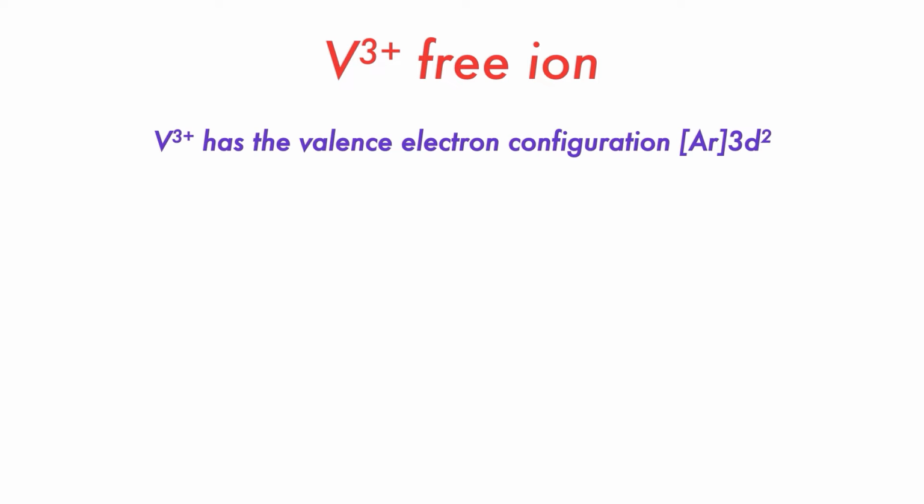After that slight sidetrack, let's go back to our freshman chemistry and do the electronic configuration of the vanadium 3+ ion as being an argon core with 3d2 valence configuration, which means the principal quantum number is 3 and the orbital angular momentum quantum number l is 2. So ml values range from minus 2 to plus 2, and for a single electron, ms can only have one of 2 values.